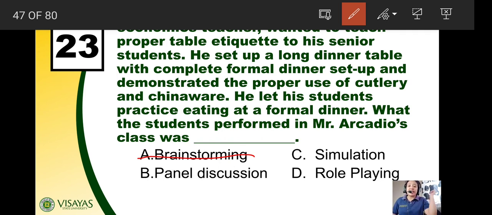So, hindi lang sila nag-iisip. So, that is not brainstorming. Panel discussion is just like having a meeting. Yes, nasa table sila, but they are not having a meeting to come up with an idea. So, hindi rin siya panel discussion.